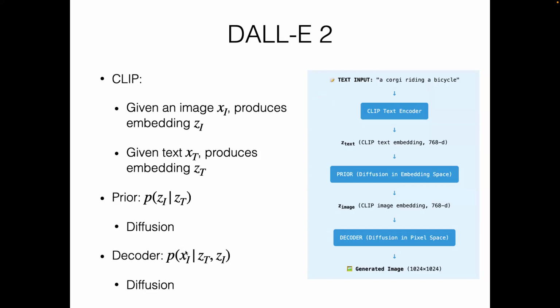Whereas you could imagine training the decoder to just take in text, but then maybe you can't leverage the supervision from CLIP. So my guess is that since then, people have probably trained end-to-end models, but maybe this is something they were doing at the time to leverage CLIP.